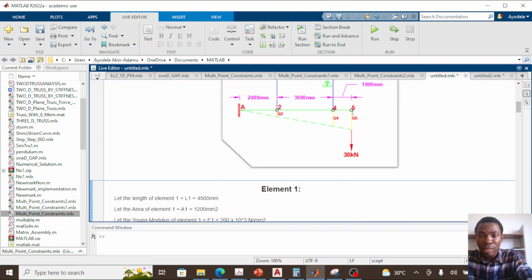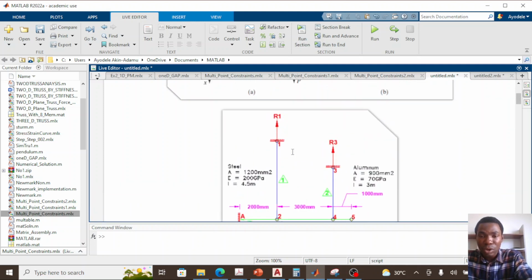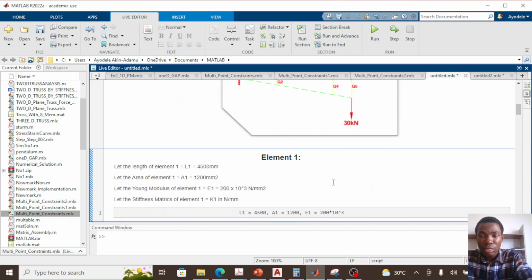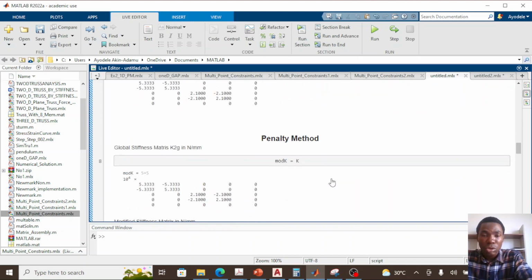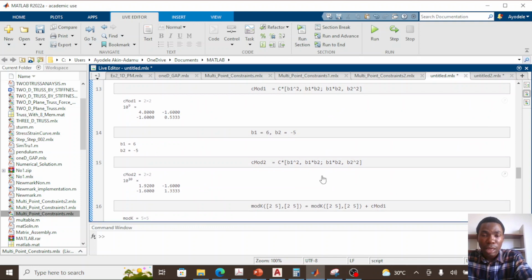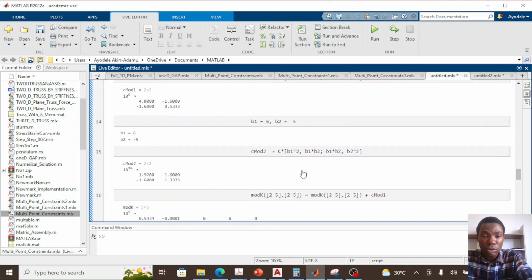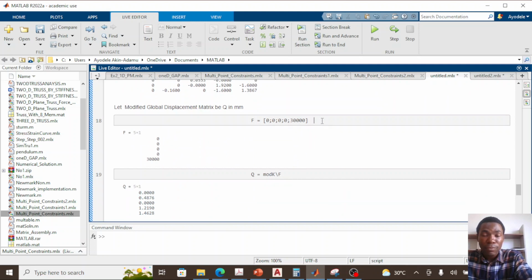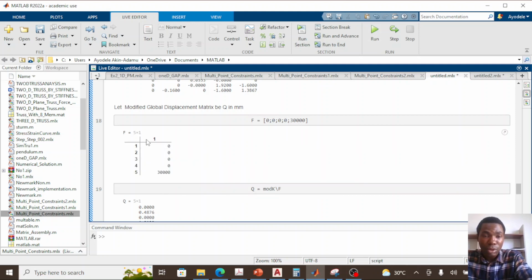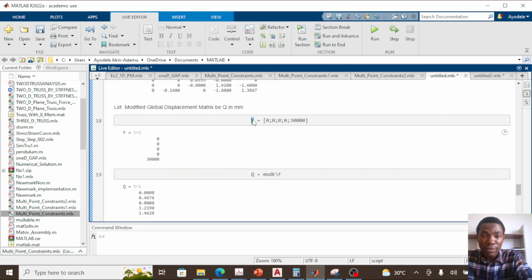At other nodes 1, 2, 3, 4, the forces are 0. So I create a 5 by 1 vector, 5 rows, 1 column: 0, 0, 0, 0, 10,000 Newton. So this is created. When I run the code, I get my force vector F.